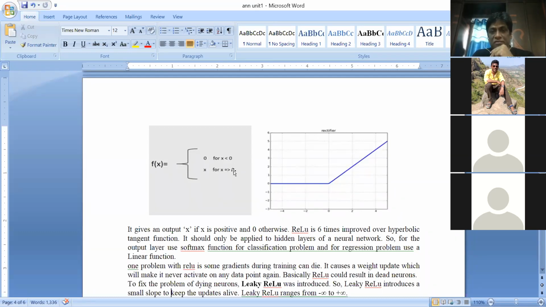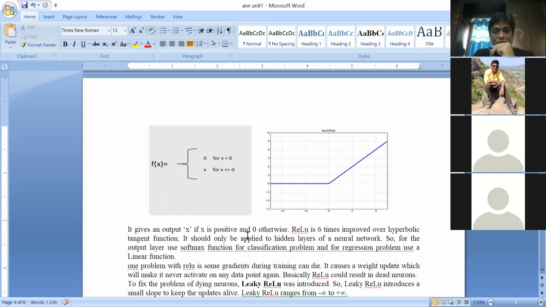So it's a combination of two things. Half is from the step function, half is from the linear activation function. So for all the values less than 0, the curve goes like this, and for all the values greater than or equal to 0, the curve acts as a linear straight line.